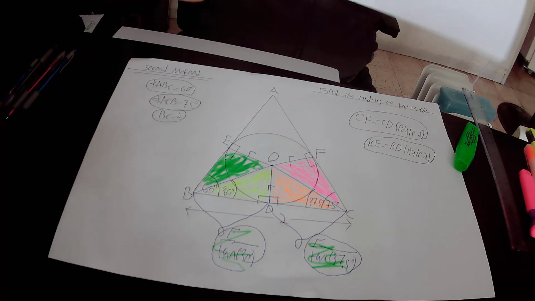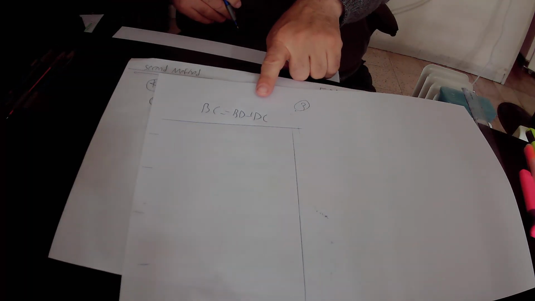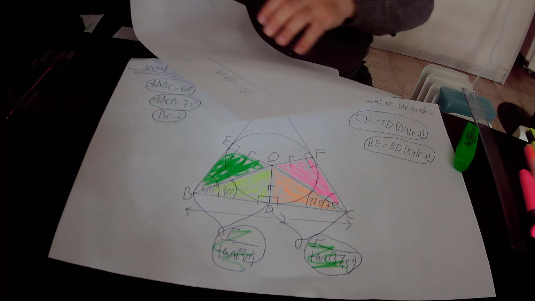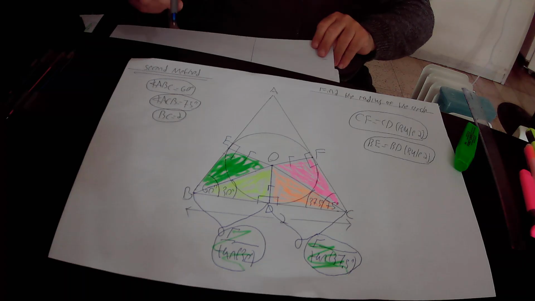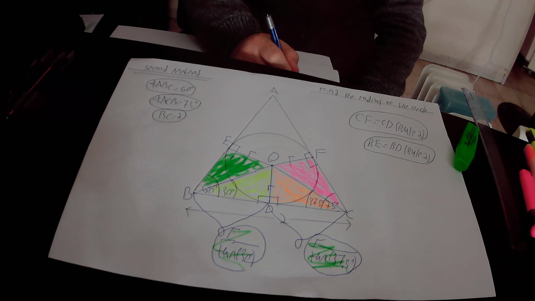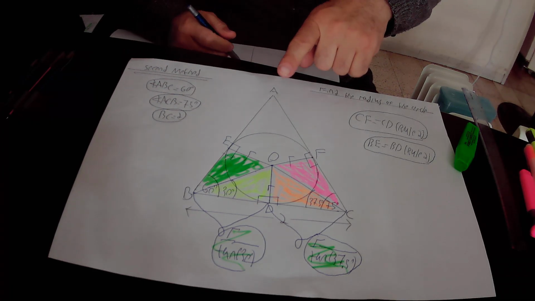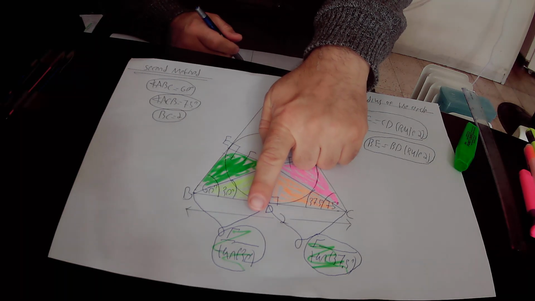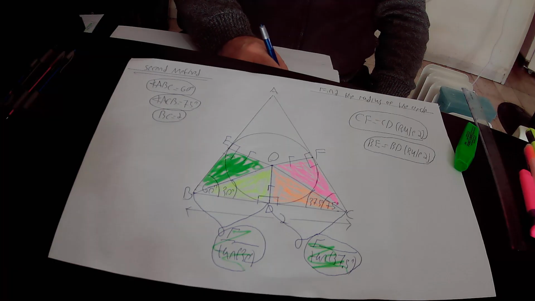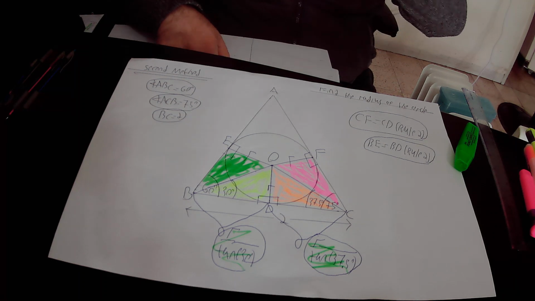Repeat again. BC equals BD plus DC. BC equals 2, and it equals BD. BD equals R over tan 30 degrees plus DC.